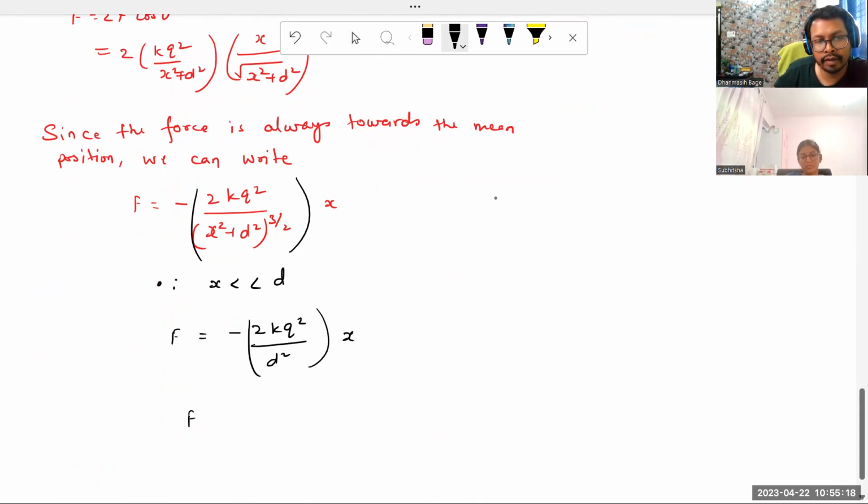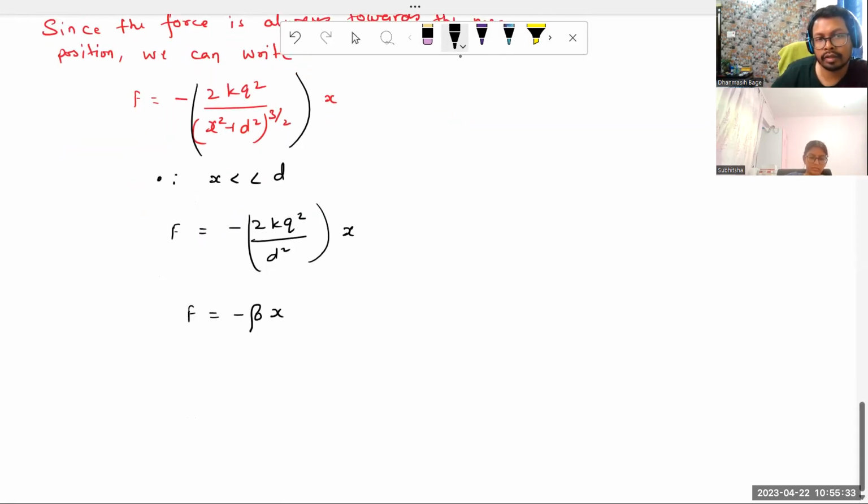Clearly F can be, let us say this is beta x, not using the k sign over here. So clearly F is directly proportional to x, simple harmonic motion.